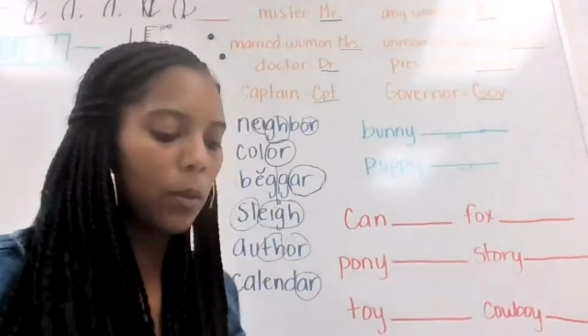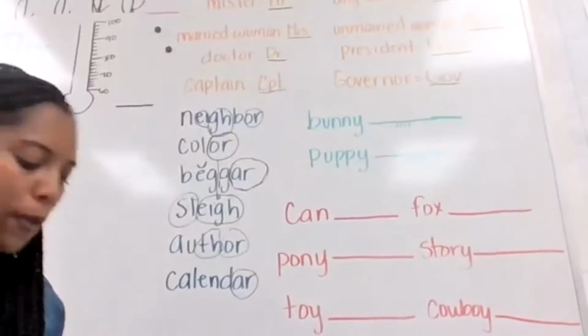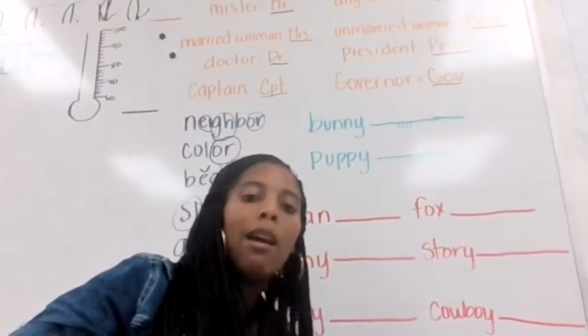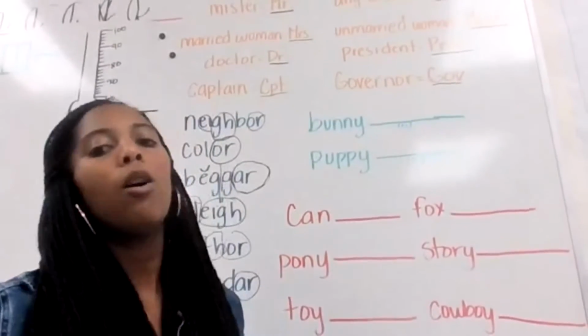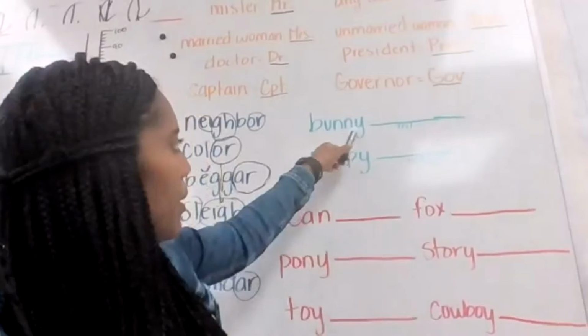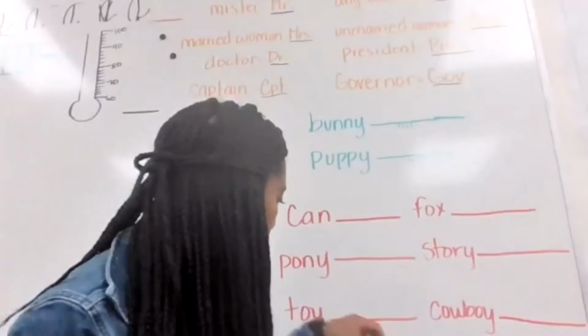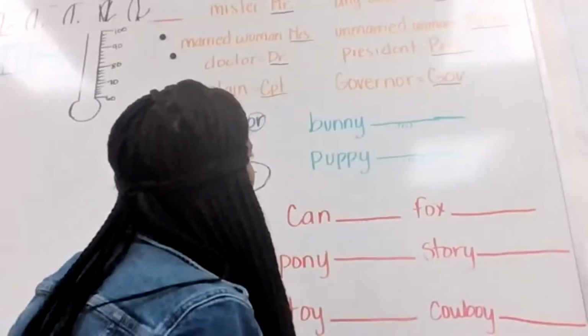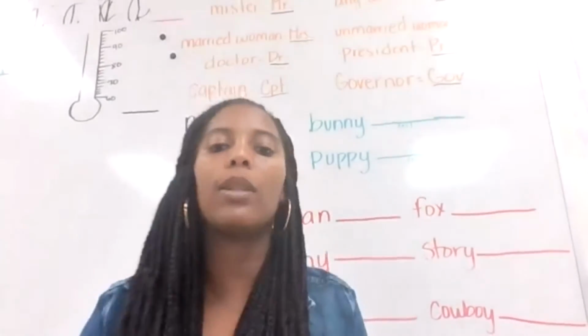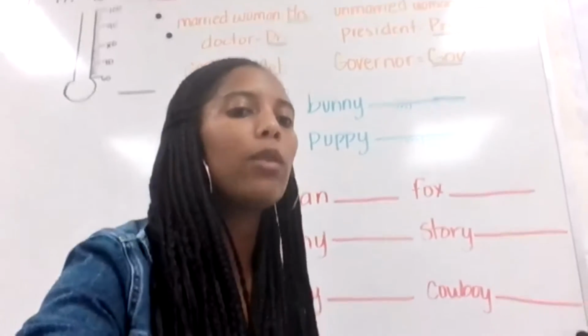Awesome. All right, so last week we also learned a new suffix rule. Remember, if we have a short vowel and a consonant, we double the consonant. If it ends with a silent E, we take off the E. And then last week we learned a new rule. What happens whenever it ends with a Y? Let's see who can remember. What do I do before I put my suffix?